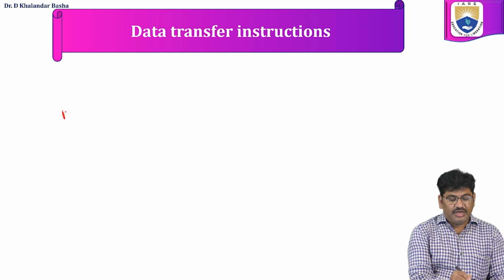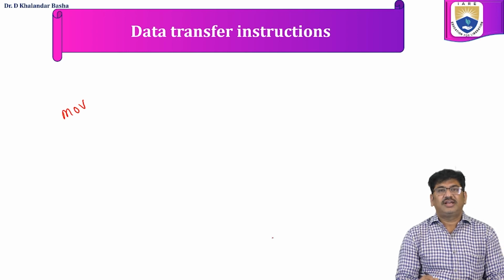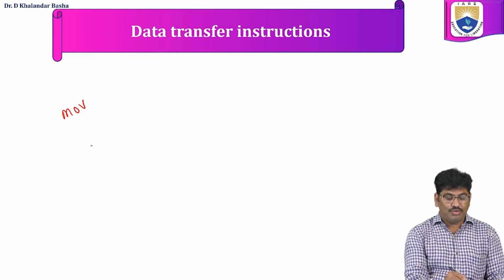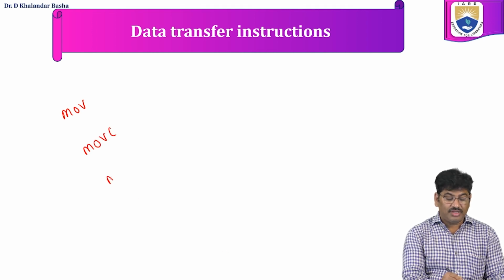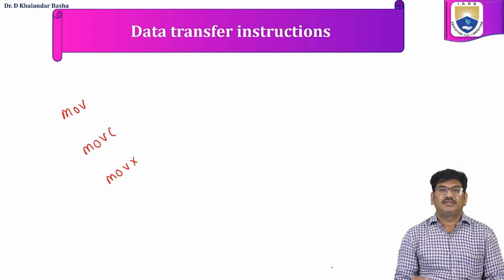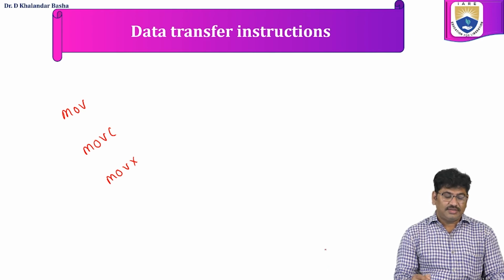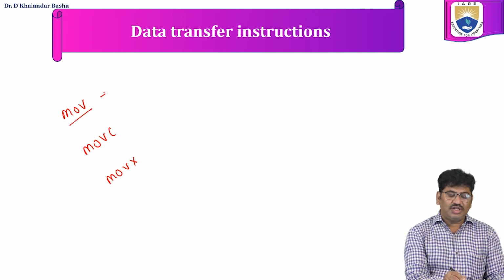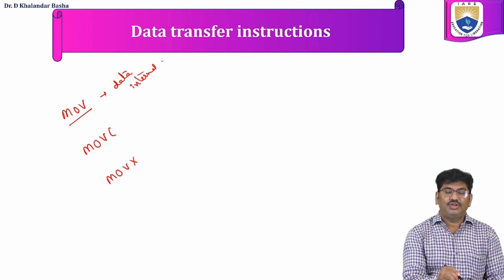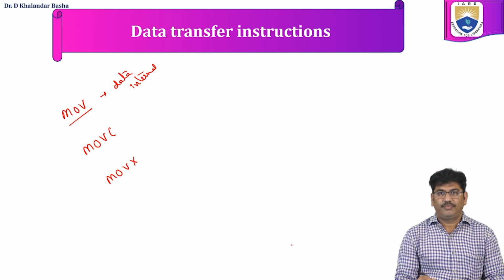Here we have studied three types of instructions related to the move instruction. One is MOV, another is MOVC, another is MOVX. The difference is that the MOV instruction is related to data which is internal to the 8051 microcontroller.